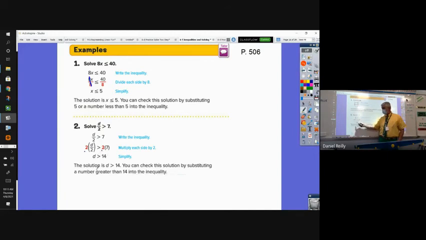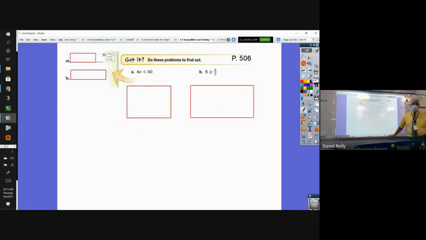So I multiply both sides by 2. 2 divided by 2 here is 1. 2 times 7 is 14. So D is greater than 14. And you see up here, if D is 20, 20 divided by 2, 10 is greater than 7. True. So any value of D greater than 14 will make this inequality true. That is multiplying or dividing by a positive number.